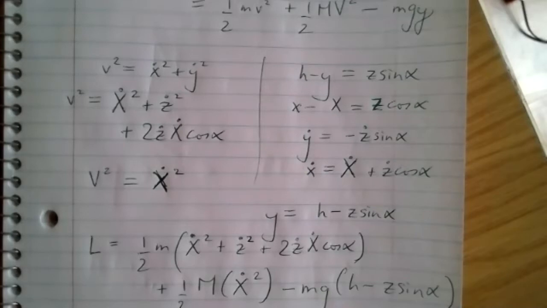And so that's an advantage because you don't have to worry about all the internal forces and the normal force and all that. You're only concerned with the forces that are actually doing work on the system, which in this case would be a component of gravity. So that's the advantage of the Lagrangian method.